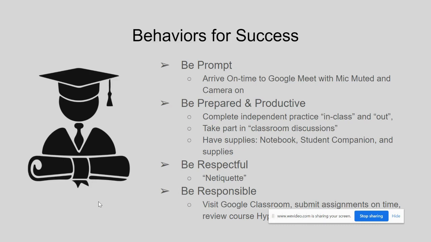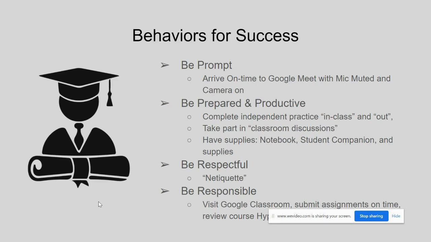Of course, that means doing their assignments in class and outside of class, and trying to do classroom discussions more. I know it's kind of a weird situation being on a computer screen, but hopefully we can have those discussions more and more as we get through this. Every day I've been reminding students, make sure you have your workbook, your pencil, pen, and calculator. Definitely need those supplies to start the school day.